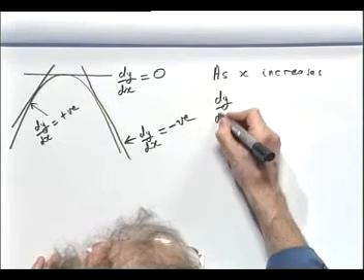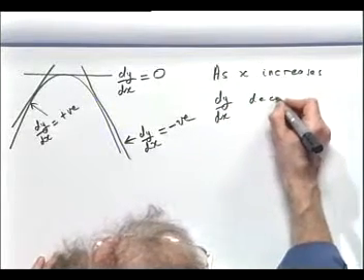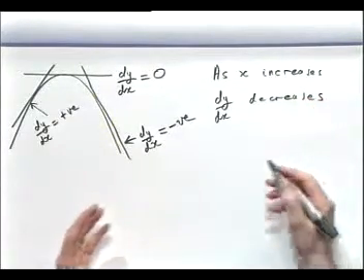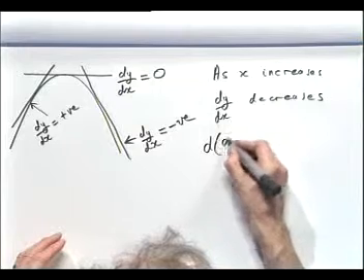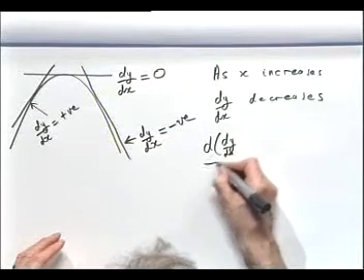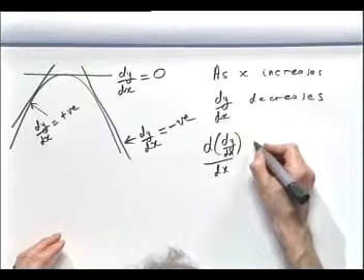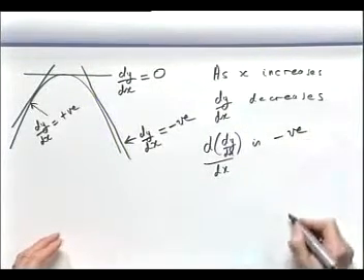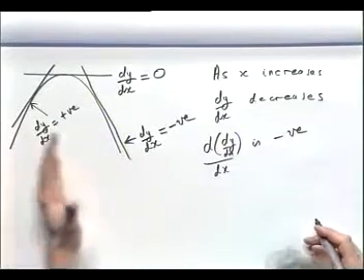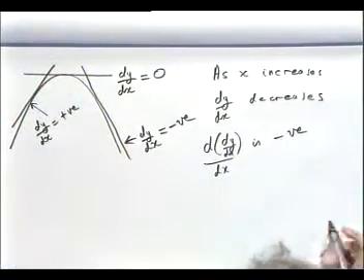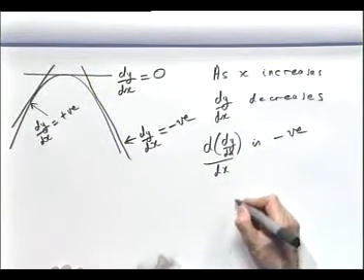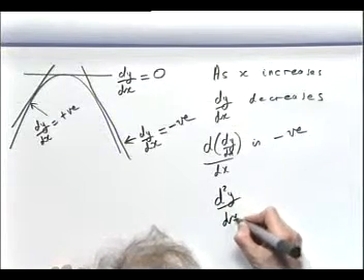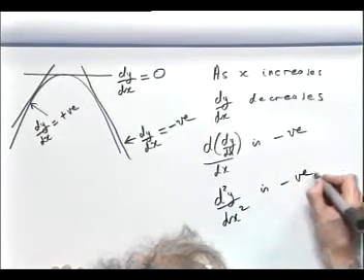What does that mean? Well, it must mean that the rate of change of dy by dx is negative as x increases, as we go through this point. The derivative of dy by dx is negative. In other words, d2y by dx squared is negative.